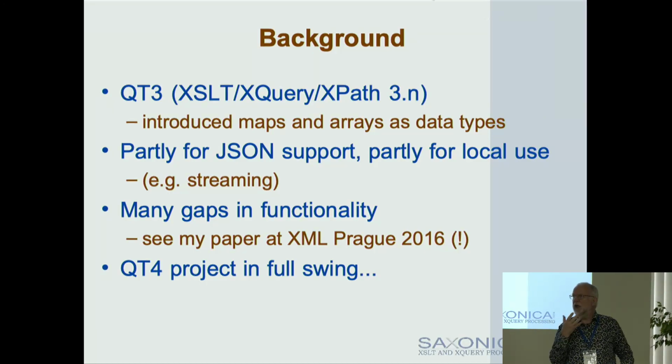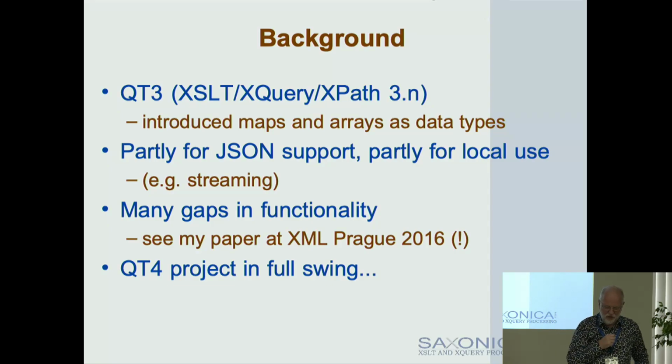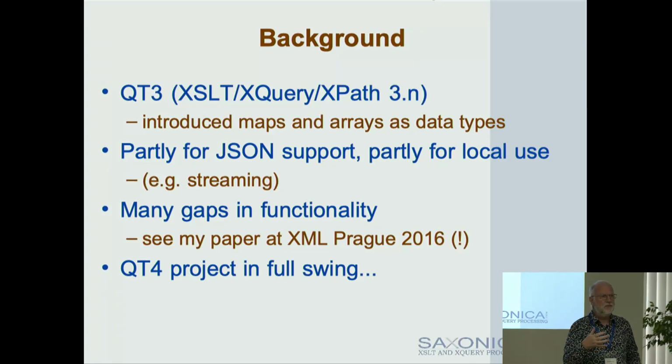Those use cases have motivated some of the work that we've been doing in the 4.0 specs to try and make some of those basic operations rather easier. And so part of the purpose of this talk is to show you what progress we've made in solving some of those use cases.